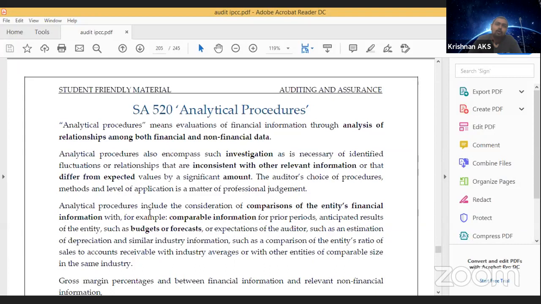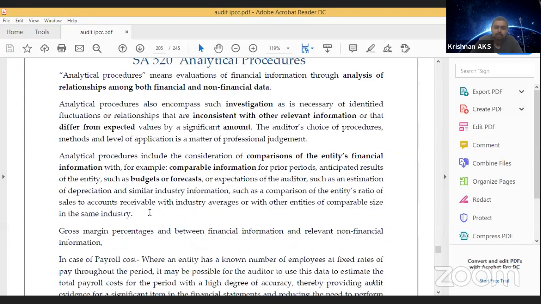Now, Corona is the answer. So Corona is non-financial data. Compare it with the financial data. So you should analyze the trends or ratios, etc., with the available information. So comparing non-financial data, trend analysis, ratio analysis, comparing the forecast with the actual, budget with the actual. This is called analytical procedures.